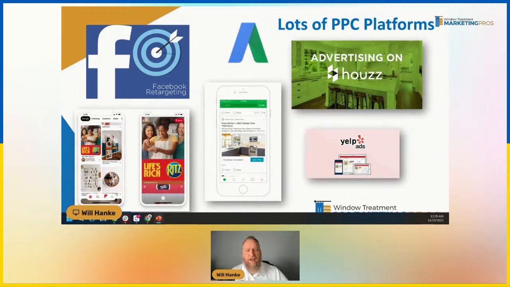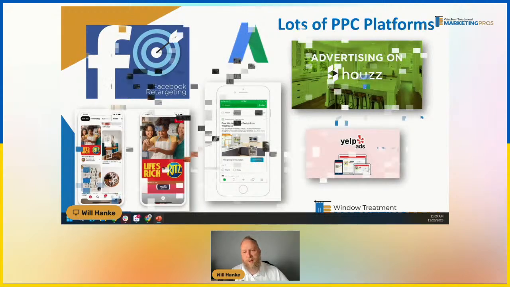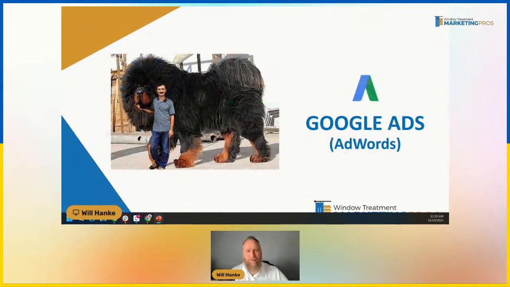So there are a lot of different places you can potentially get eyeballs on your brand. There's not just the one that everybody talks about, which of course is Google AdWords. They're the big dogs, the main one. That's the one we're going to cover the most today, because it's also probably going to be the most profitable for you.